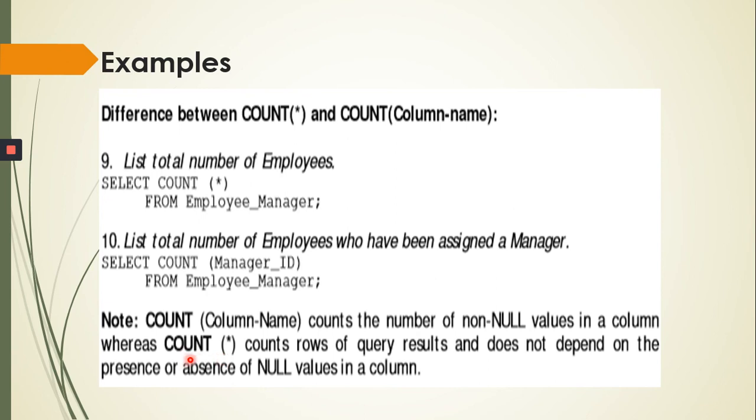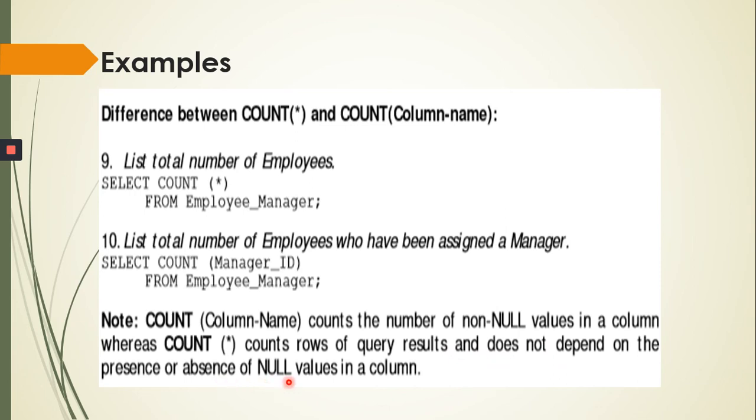When we use COUNT(*), it counts the rows of the query result and does not depend on the presence or absence of null values. As I explained earlier, COUNT(*) does not ignore null values, and COUNT with a column name ignores null values.